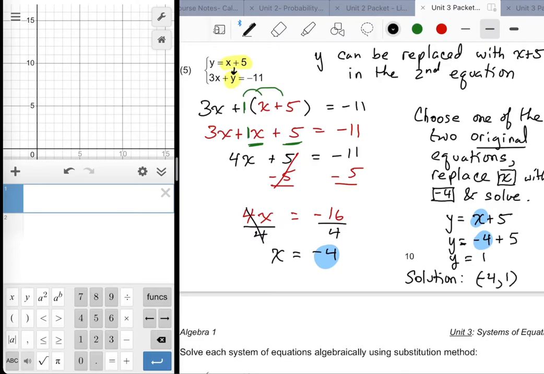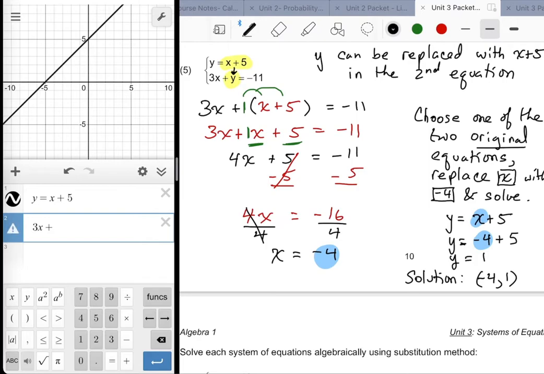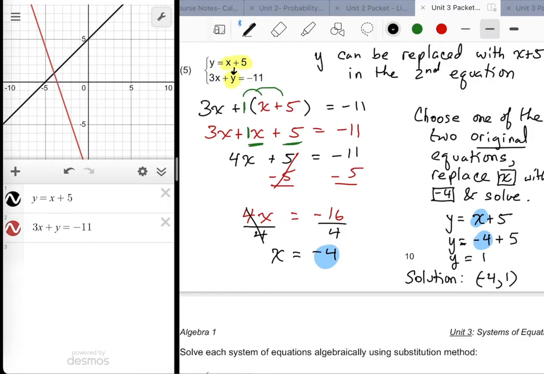There's a nice easy way to verify your answer on Desmos. Y equals x plus 5. Type it in. 3x plus y equals -11. See where they cross, just like yesterday.